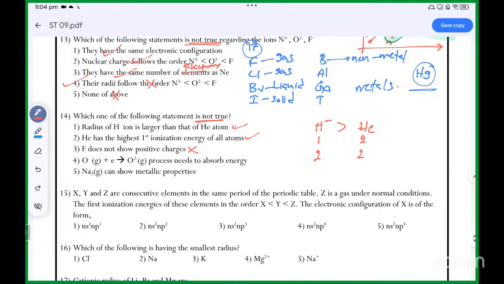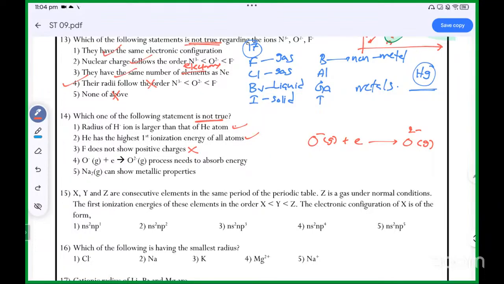O minus gas plus e converts into O2 minus gas. Now they are asking whether the process needs to absorb energy. Absorbing energy means the end result is unstable because it has higher energy after the absorption.